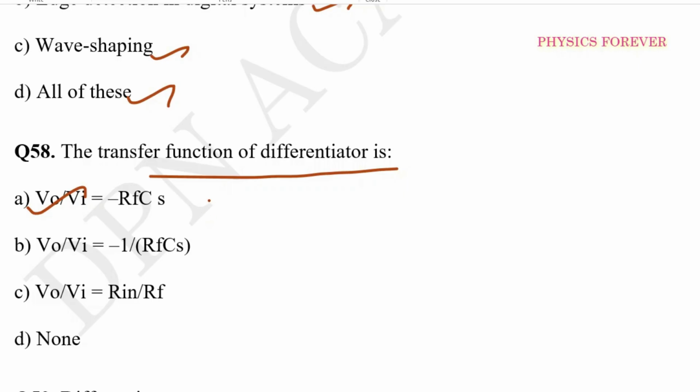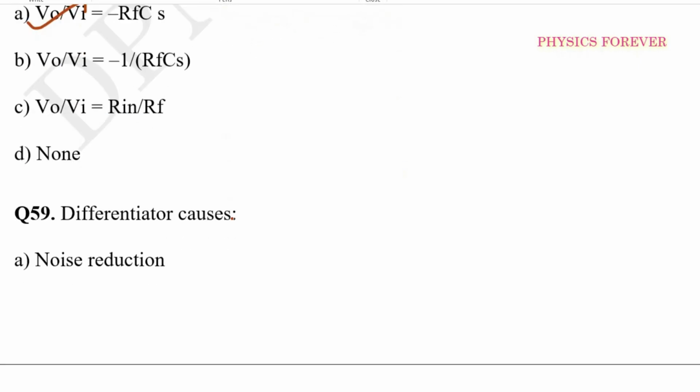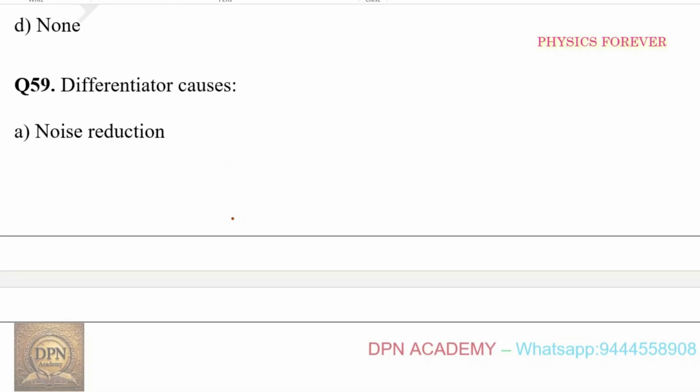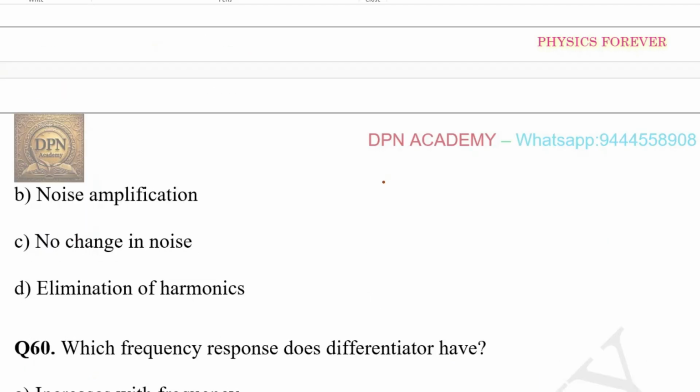Then, differentiator causes which one? Differentiator causes only noise reduction... sorry, it should be noise amplification.